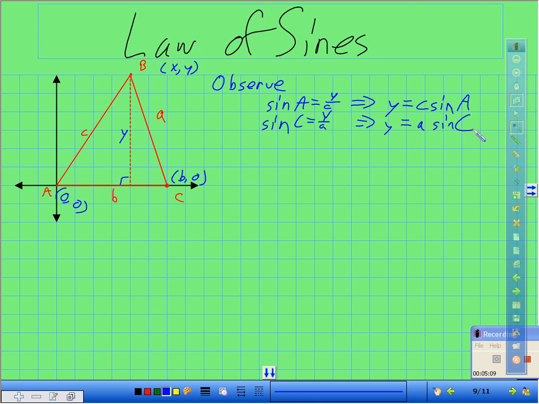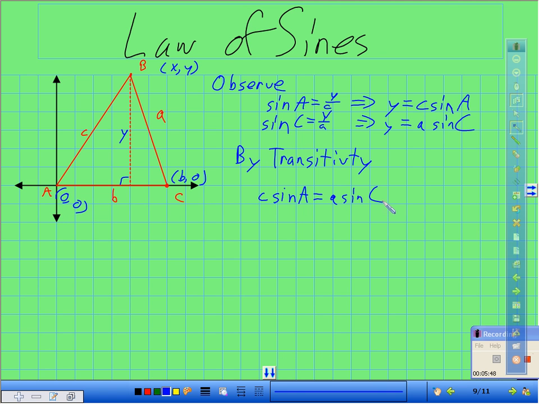I've got y and y, I can just substitute, right? That's the transitive property, based on the law of syllogism: a is equal to b, b is equal to c, so a is equal to c. So I have c sine of A is equal to y, and y is equal to a sine of C.